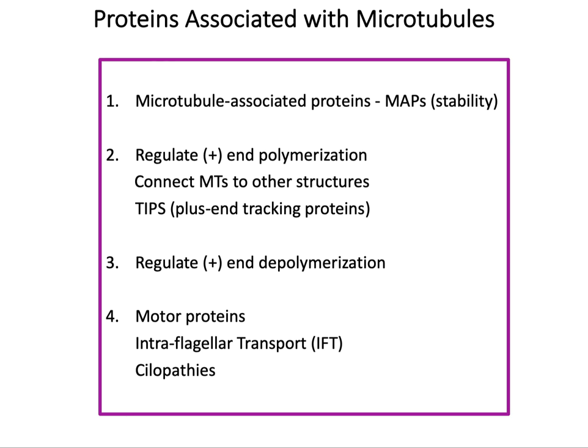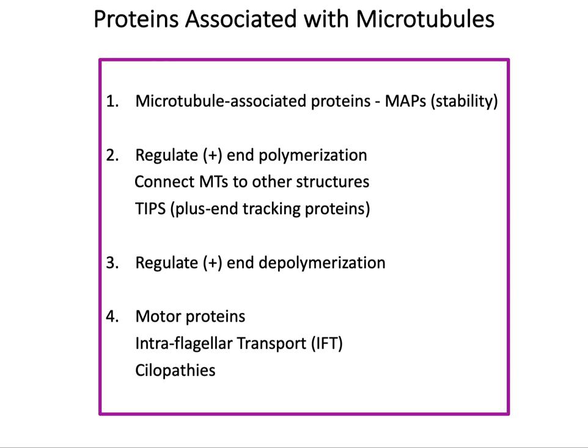Then we will look at the proteins that regulate polymerization at the plus end. This same class of proteins can also connect microtubules to other structures. This class of proteins is known as TIPs, which stands for the plus end tracking proteins.